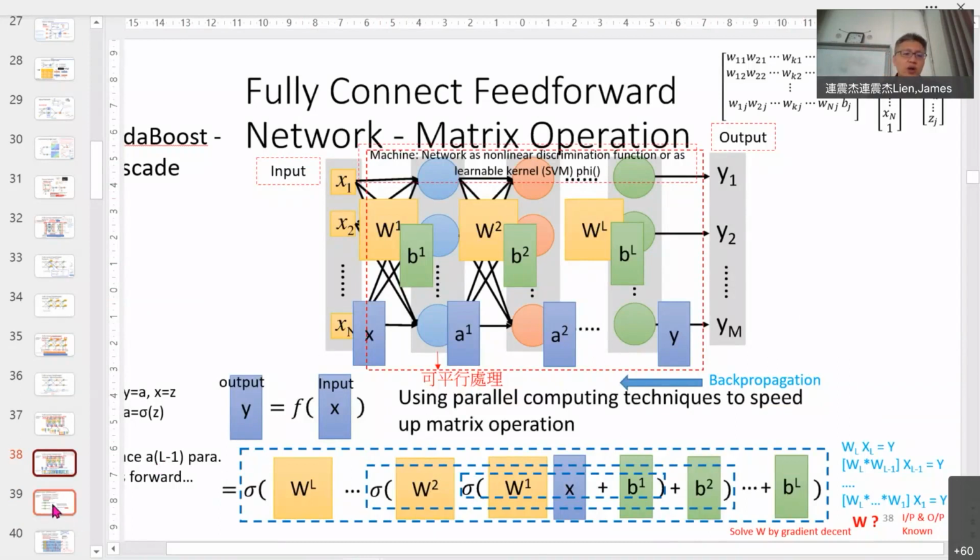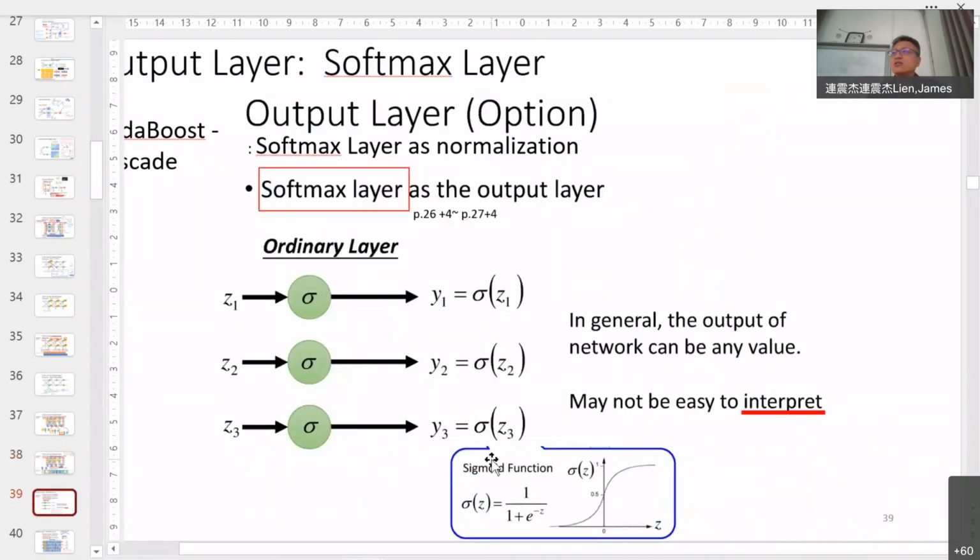So the sum of the outputs should be 1, the probability should be 1.